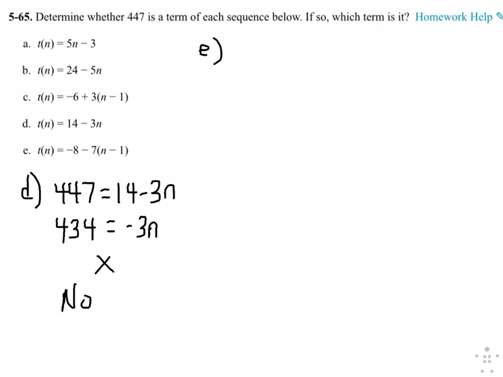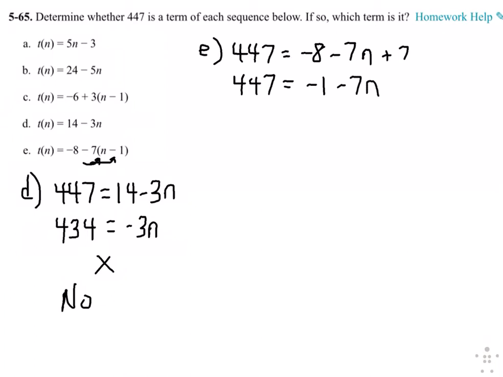And the last one, E, 447 equals negative 8, and I'm going to distribute this negative 7 in. So minus 7n. Negative 7 times negative 1 is plus 7. So 447, negative 8 plus 7 is negative 1.